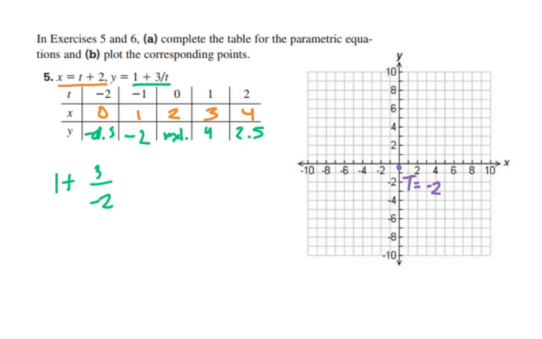Then the next one is at 1, negative 2, so I'll put a black dot for that one. At 0, we've got 2 undefined, so should probably draw an asymptote there. At 1, we have 3, 4, so over 3, up 4. And then the last one, over 4, up 2.5.